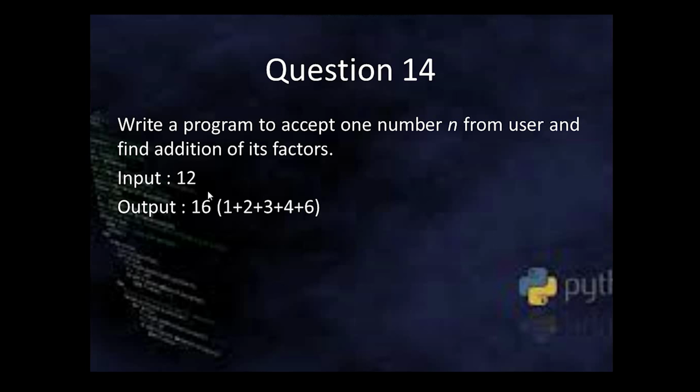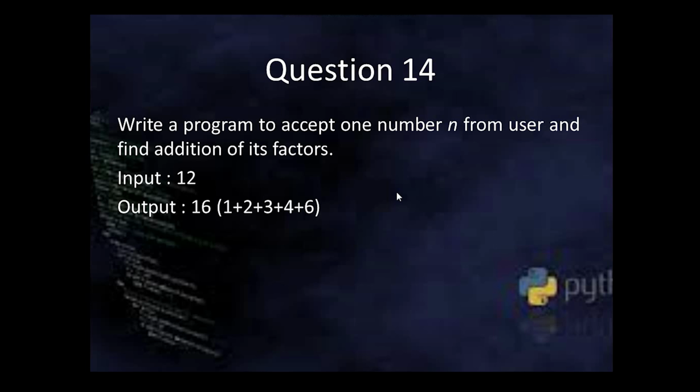For example, our n is 12. Now 12 is divisible by 1, 2, 3, 4, but it is not by 5. So 5 is skipped. Divisible by 6, and then 7, 8, 9, 10, and 11 are not considered because 12 is not divisible by those numbers. I hope you understood the definition of factors.